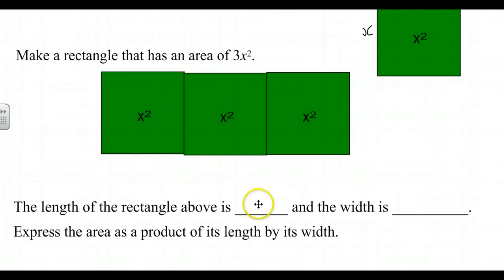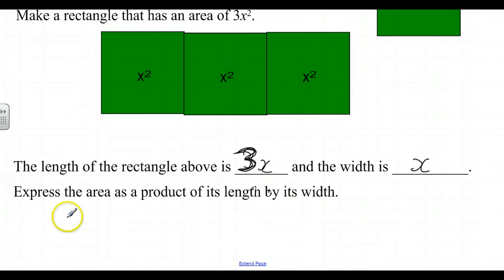Length of the above rectangle is 3. Okay, we got 1x, 2x, 3x. Nice 3. And the width is x. Express the area as a product of its length and width.